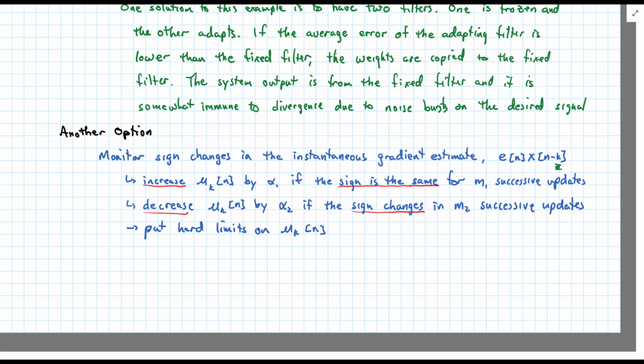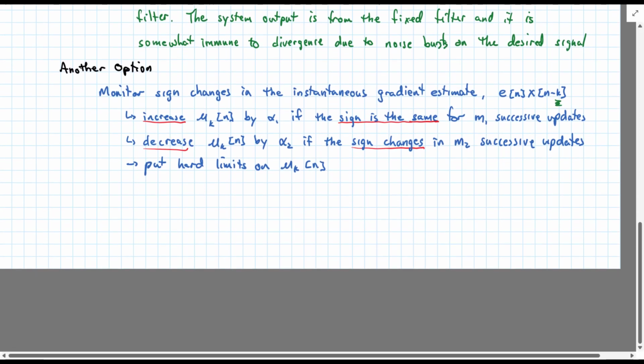K is referring to the kth element of x. So for this algorithm, we can actually have a mu that's custom to each delay tap. So if we have a particular weight that's way out of line, we can bring it into line quickly. Whereas if we have one that's really close, maybe it won't change as much.